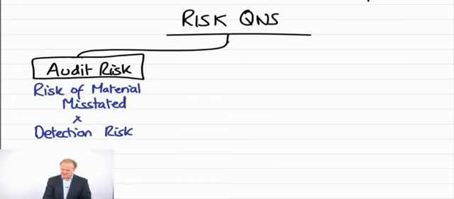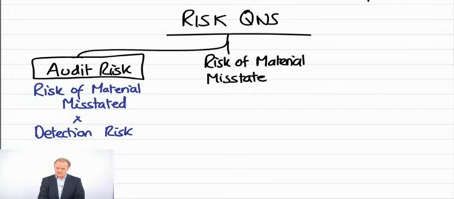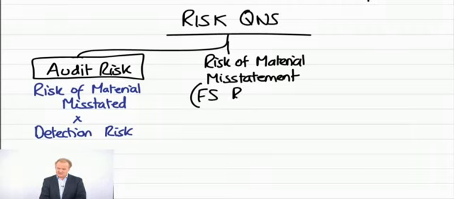The second type of question is where sometimes she will ask for the risks of material misstatement. In the old days, this used to be known as financial statement risk.